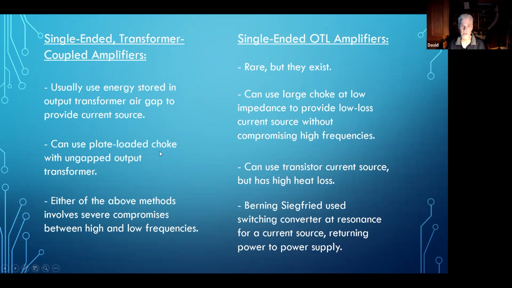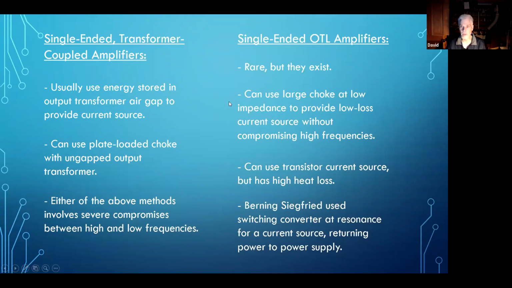Alternatively, you can use a plate-loaded choke with an ungapped output transformer if you want to do that. But either of these methods involves severe compromises between high and low frequencies. The single-ended OT amplifier, it's rare, but they exist.